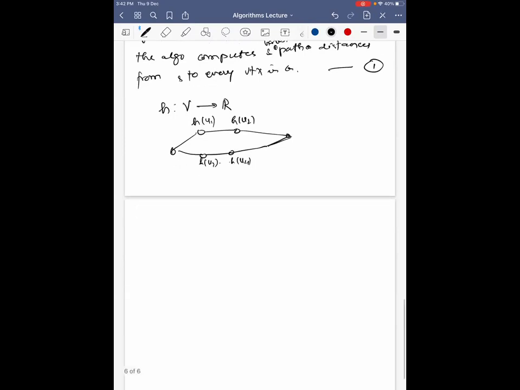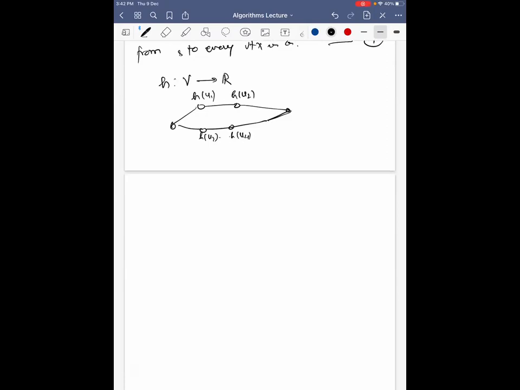So it assigns a real number to each and every vertex of the graph. Now what we'll do is model this into a graph G prime, which would be the same as G, but the only difference is that the weight of each edge UV in G prime will be h(U) plus weight of UV minus h(V).